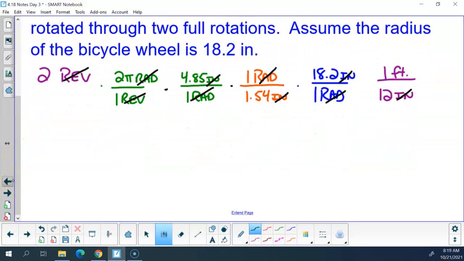So on top, I've got 2 times 2 pi times 4.85 times 18.2.